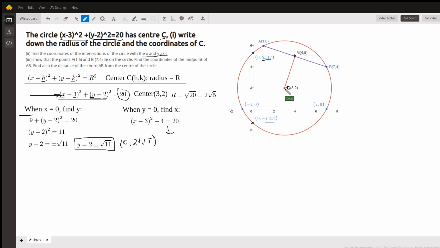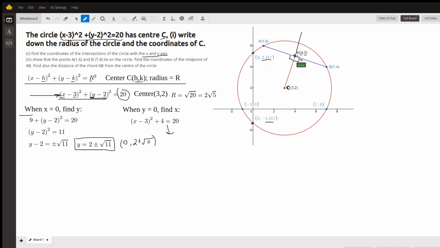The distance from the center of the circle to the midpoint of that chord, well, a radius that passes through the midpoint of a chord is perpendicular to that chord. That's provable by congruent triangles.